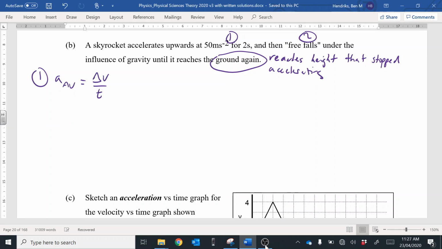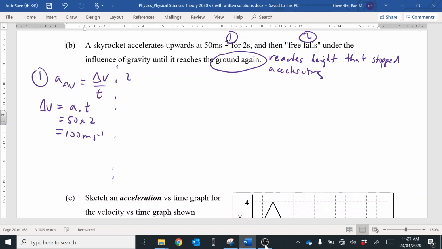So we need to know what the velocity is after 2 seconds. The change in velocity is equal to the acceleration times the time. So it's equal to 50 times 2, which is equal to 100 meters per second. And that's our velocity after 2 seconds.